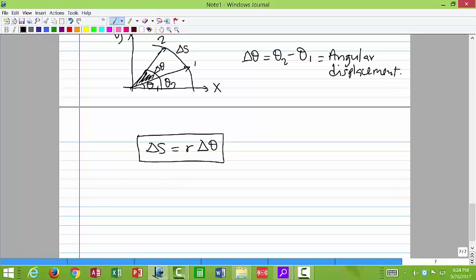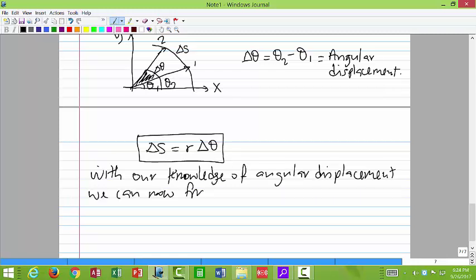All right, so let's look next at angular velocity. We've defined angular displacement, so we can now define angular velocity. Let's say angular velocity is omega.